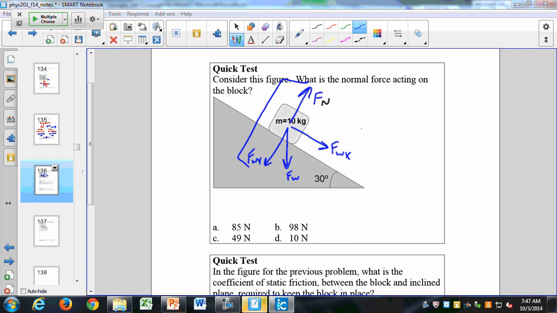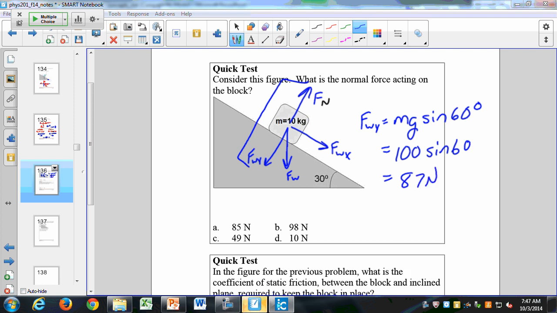And that y component of the weight is equal to mg times the sine of 60 degrees, which is equal to 100 sine of 60, which is actually 87 newtons. This problem, when I wrote it, I was using 9.8 as g, but if you use just 10 as g, you'll get 87. Alright, and then try this. Well, we just did this.